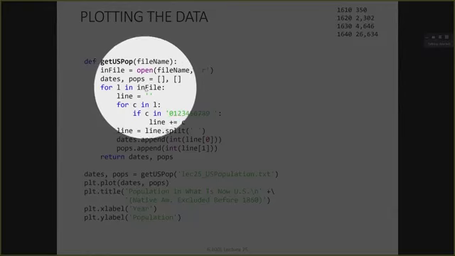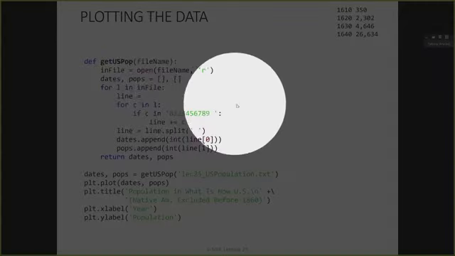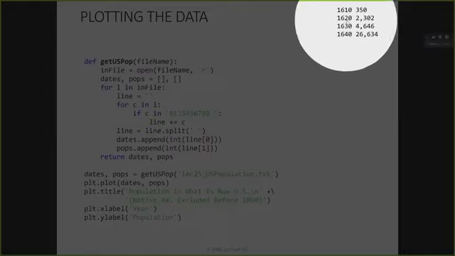It iterates through each line in the file. So I've put up what a line in the file looks like up here. It's got some numbers, space, some other number. But when we read in a line from a file, Python actually reads it as a string.